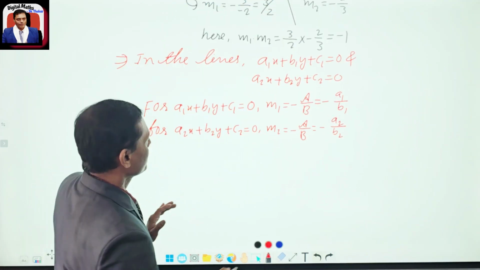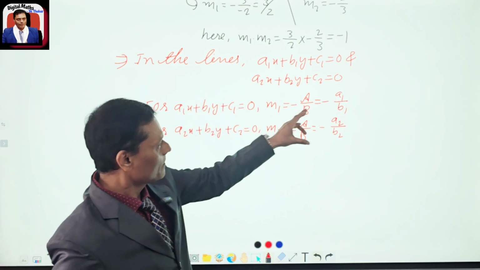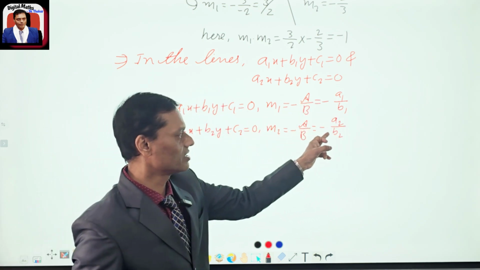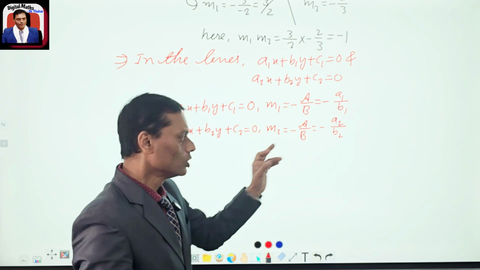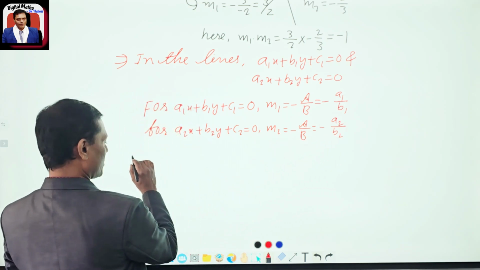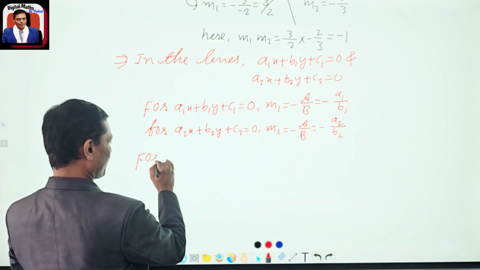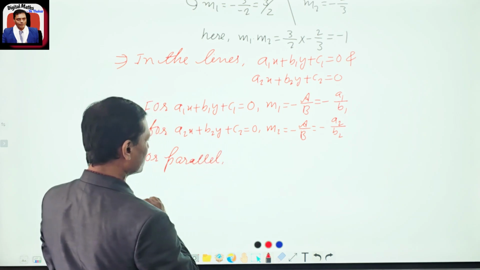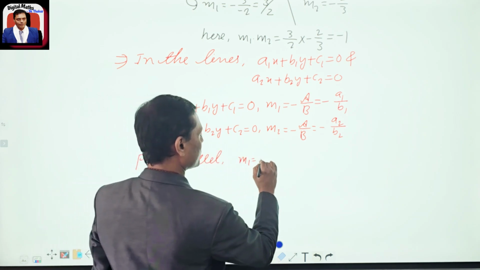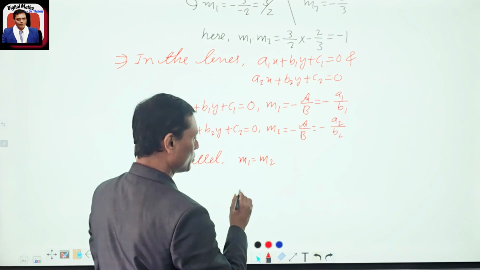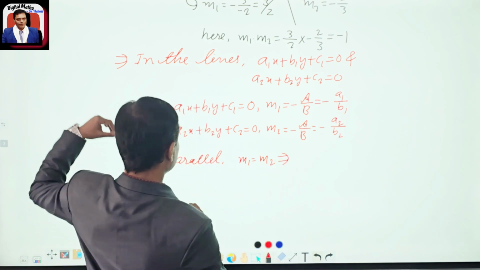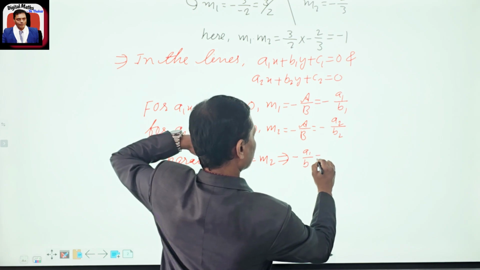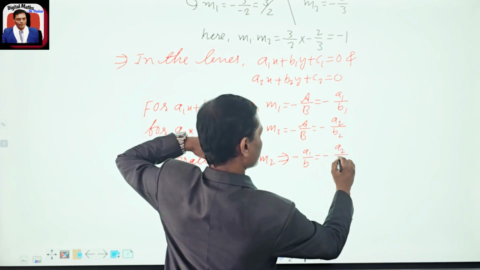So we can see that here, for the first line, m1 is minus a1 by b1 and m2 is minus a2 by b2. So for parallel, m1 equals m2. All of you know that. After that, m1 equals minus a1 by b1 equals minus a2 by b2.